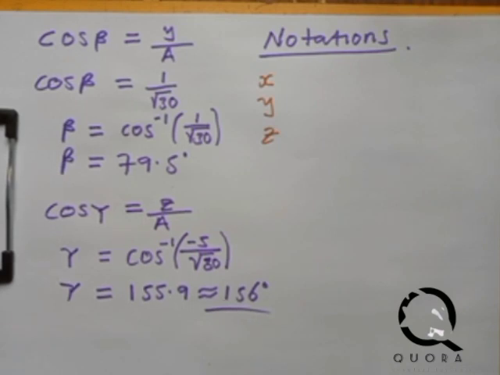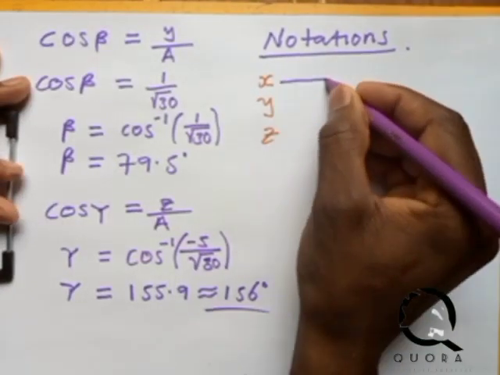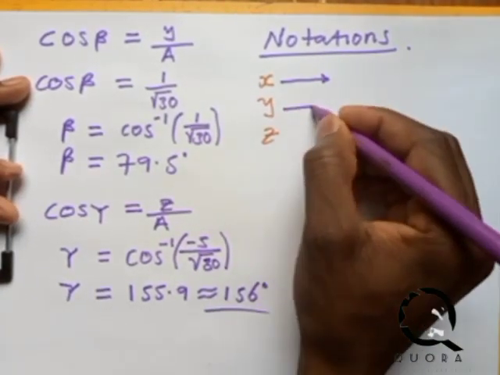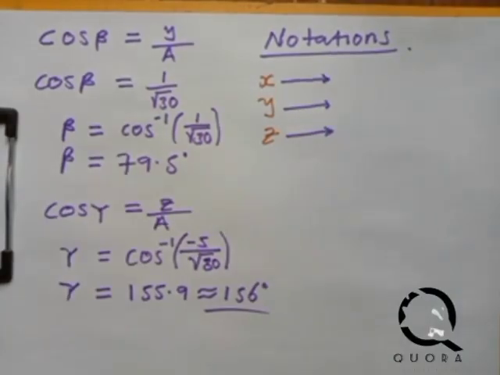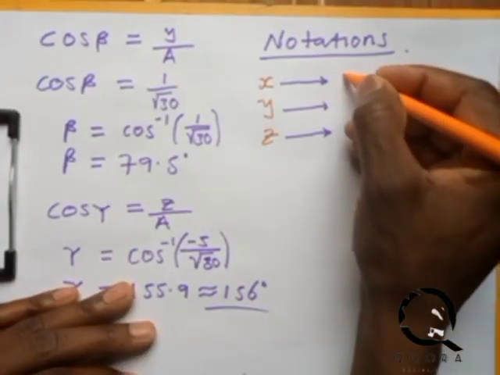There are cases whereby they can't give you x, y, z in the vector. They are going to give you different notations, which just mean the same things. So x is given with this notation, y is also going to have its own notation, and finally z. So x has an i notation, i.